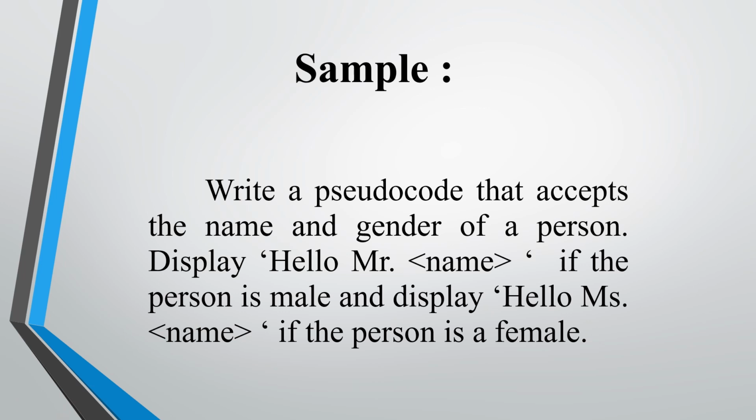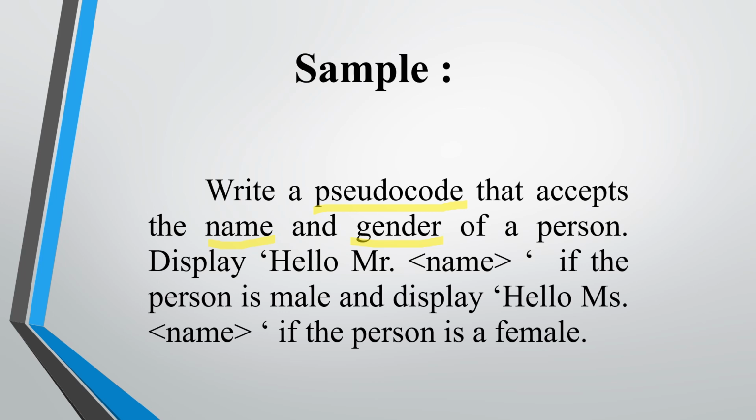Again, remember our rule in designing an algorithm. An algorithm can be represented using pseudocode. First, we have to identify what are the possible inputs. Inputs natin ay, very good, the name and the gender of a person. After identifying the inputs, we identify the output.